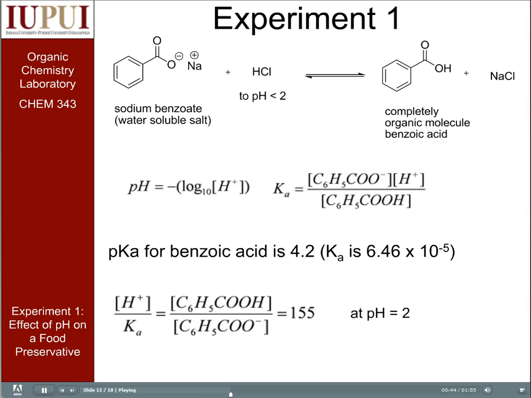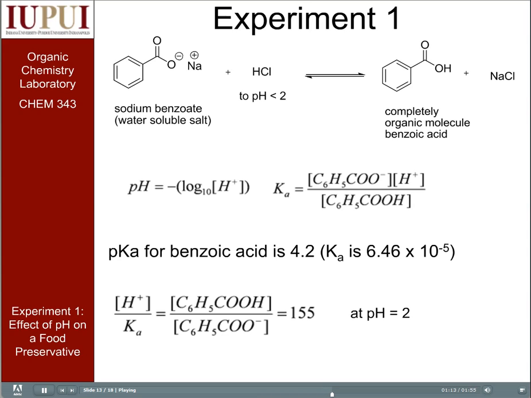But we can prove that using those two equations that we have for pH and Ka by using some algebra, knowing what the pH is, assuming that the pH is 2, and then using the pKa for benzoic acid. On the last slide we saw carboxylic acids were around 5 for a pKa. So in this case benzoic acid is 4.2, which is pretty close to 5.